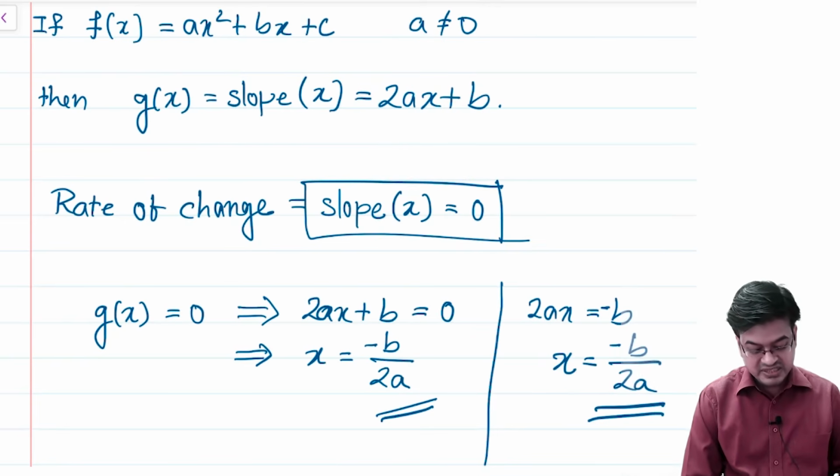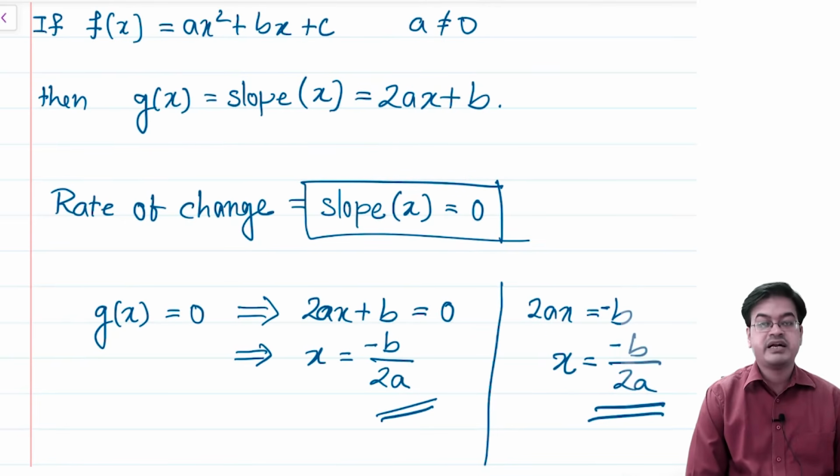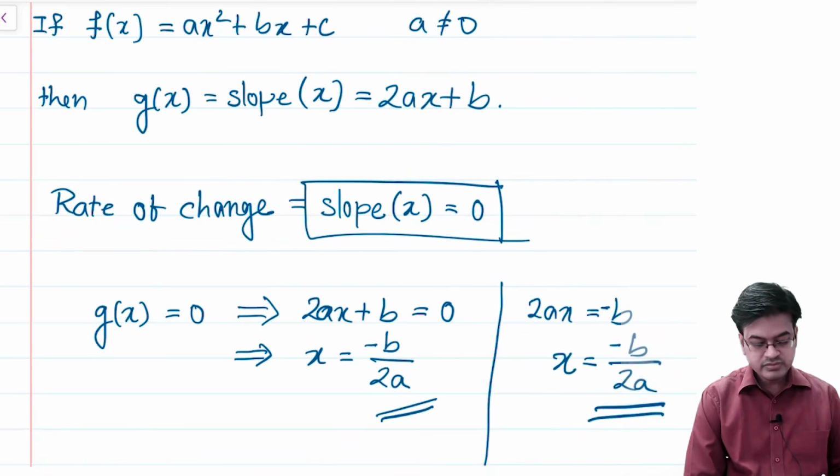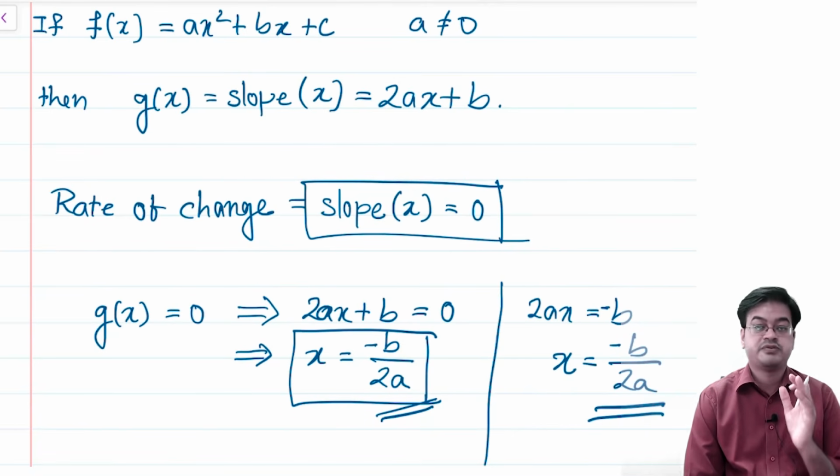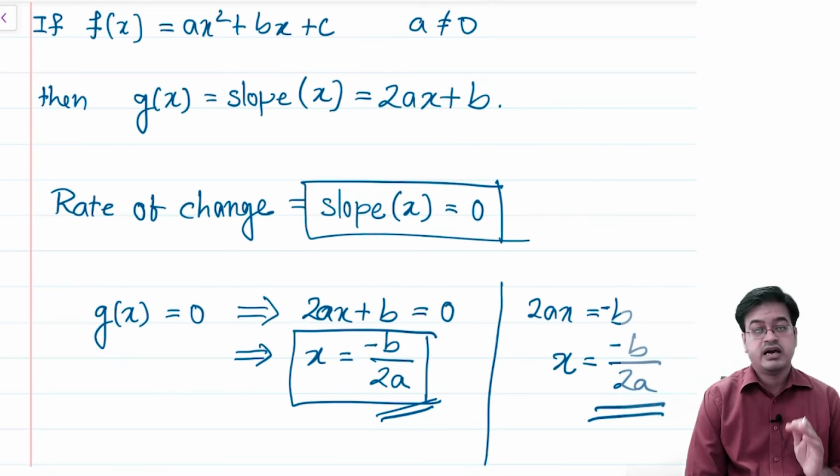Now you note this number is nothing but the vertex of the parabola. That means this is the number at which the quadratic function assumes its minimum or maximum.